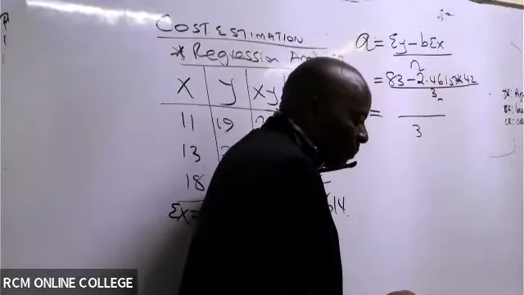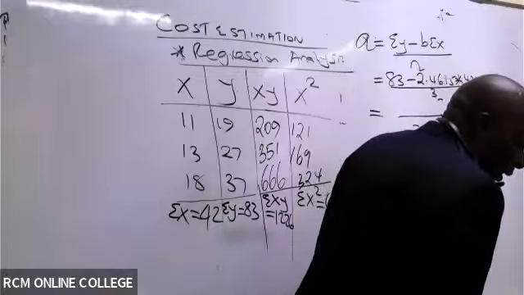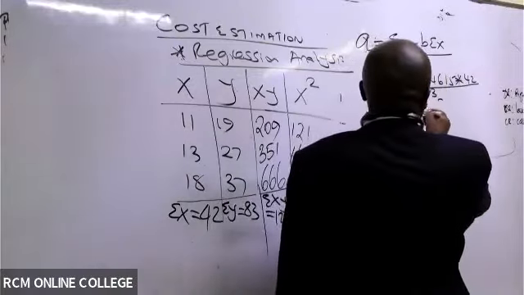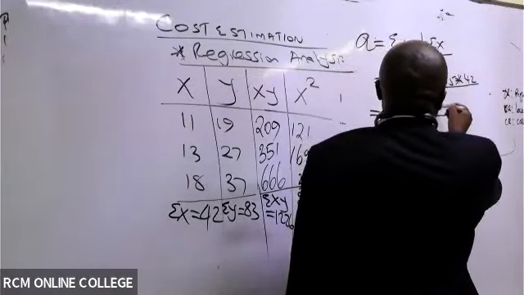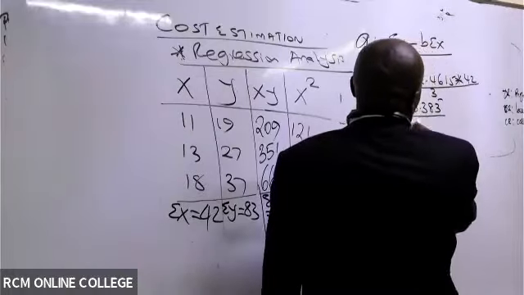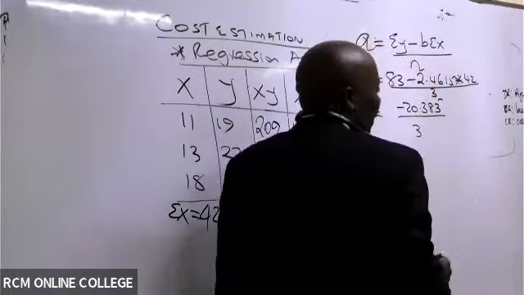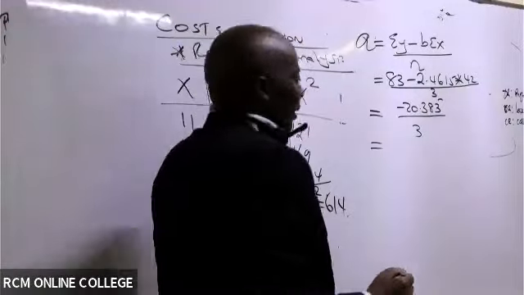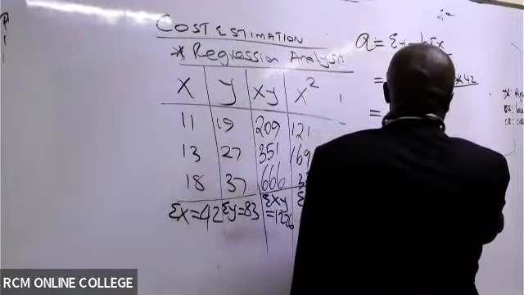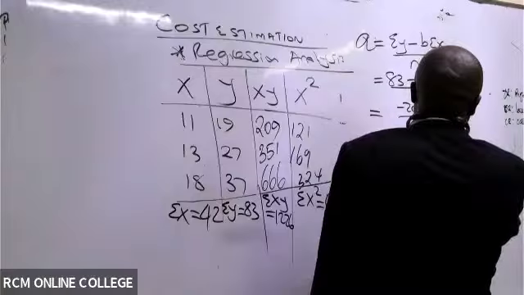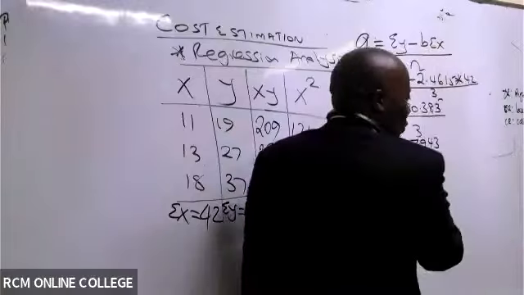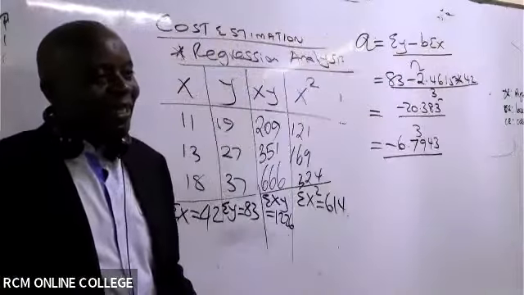The numerator gives minus 20.383. Then when you give me a quotient, what value are you going to get at the end of the day? Minus 6.7943.